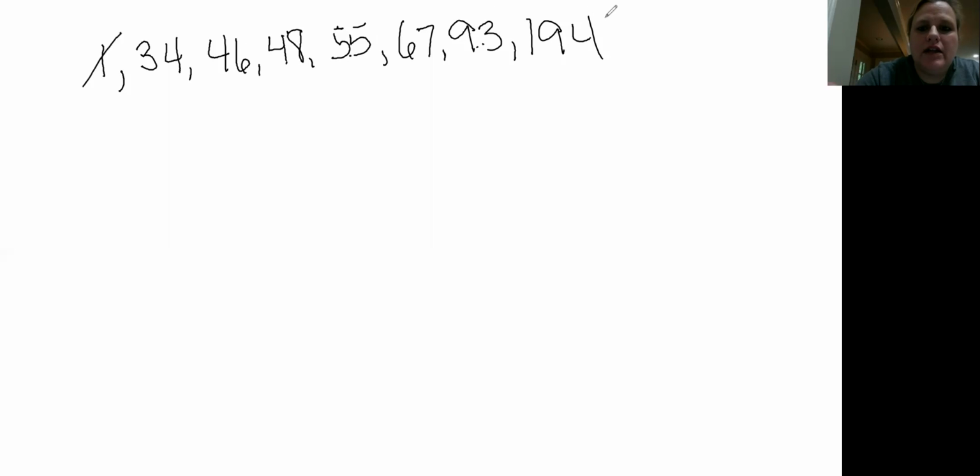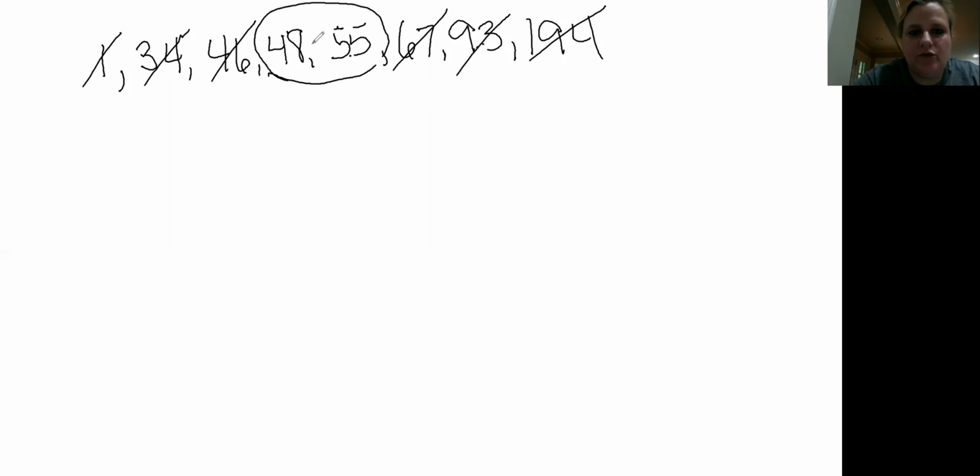So low and high, low and high, low and high, and you end up here. So we need the number that's in the middle of 48 and 55. Okay. So 48 plus 55, 103 divided by 2.